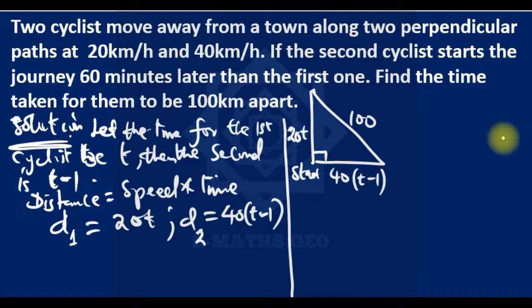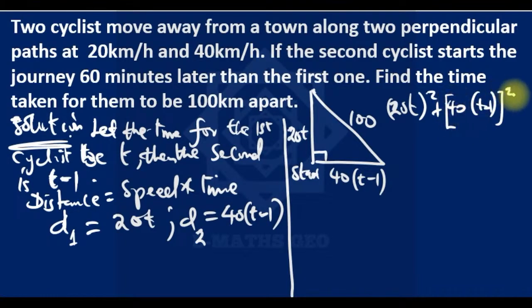So we'll form a right triangle with that. So applying Pythagorean theorem, we know that 20t squared plus 40 times t minus 1, all squared, will be equal to 100 squared.